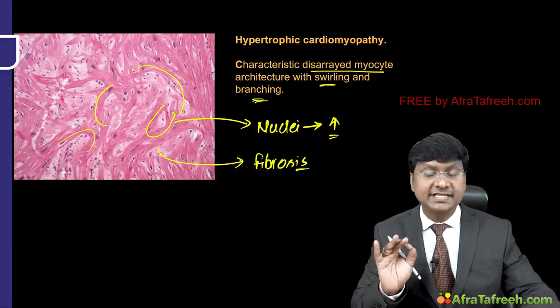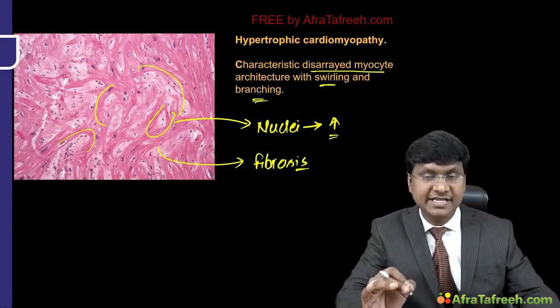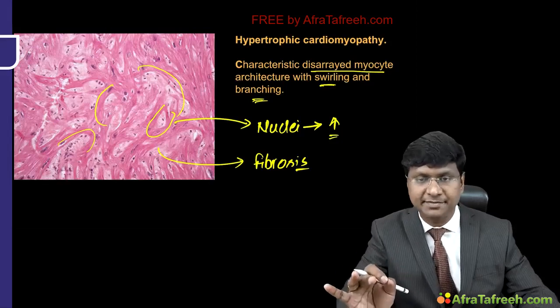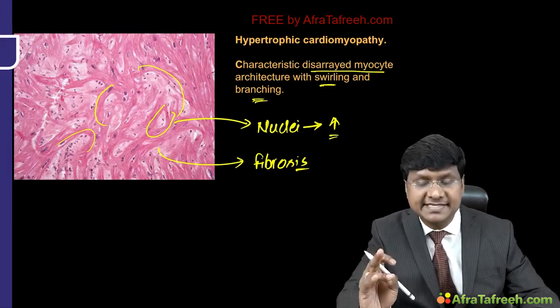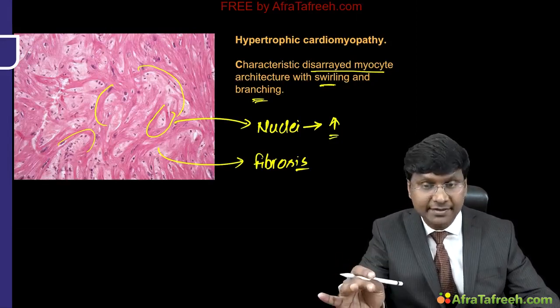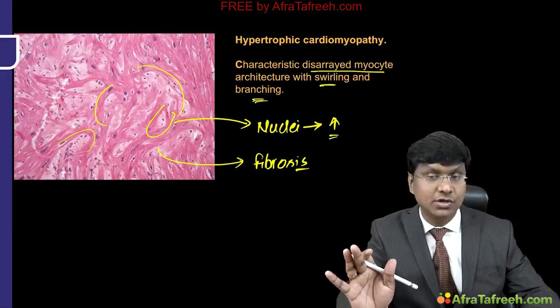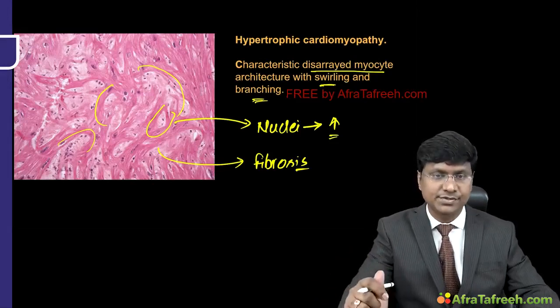You will also notice interstitial fibrosis. So this is the biopsy picture that will be seen in hypertrophic cardiomyopathy, where there is misalignment and disarrayed myocyte architecture. The nuclei size varies, the parallel architecture is lost, and there is also interstitial fibrosis.